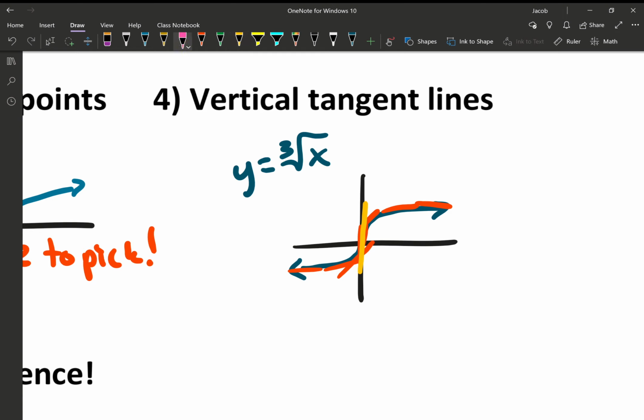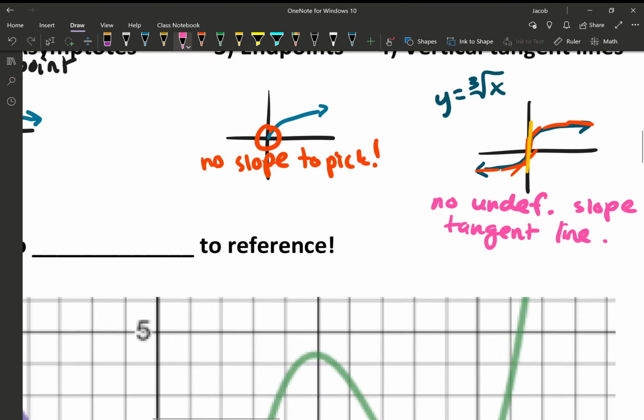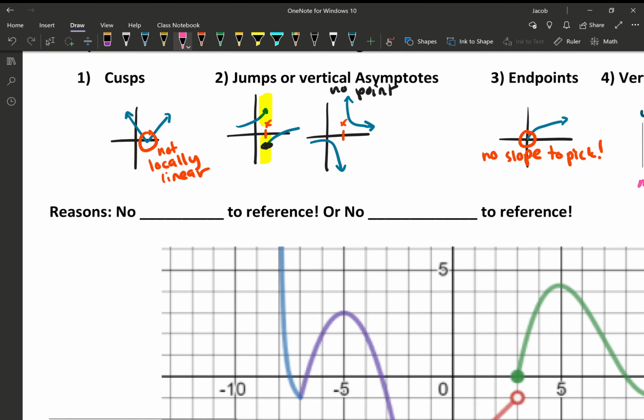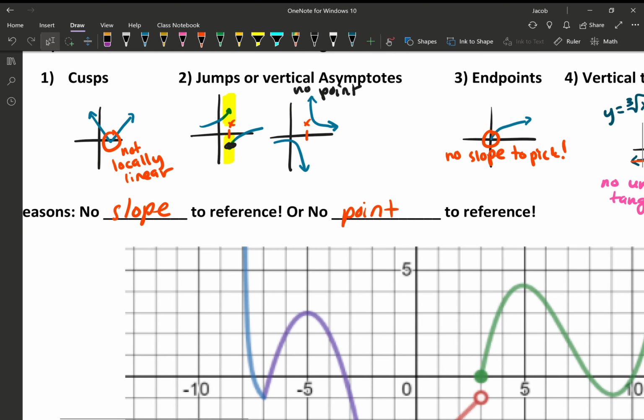So we cannot have an undefined slope in our tangent line. Right. So basically, our two reasons here are there's not a slope to reference, or there's not a point to reference. Most of the time, it's going to be slope.